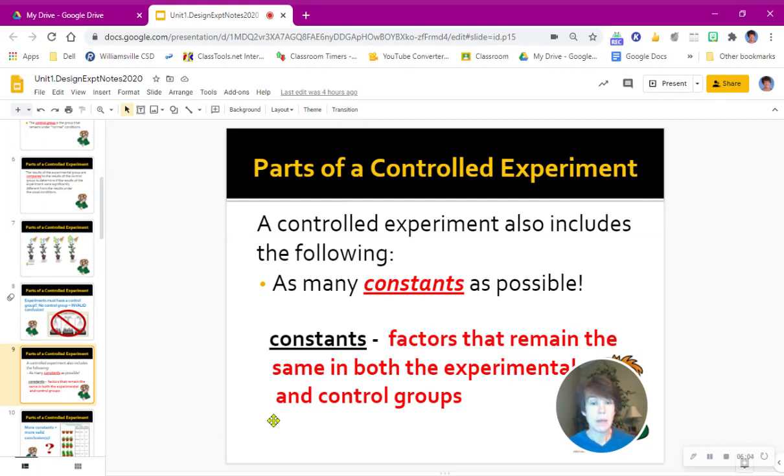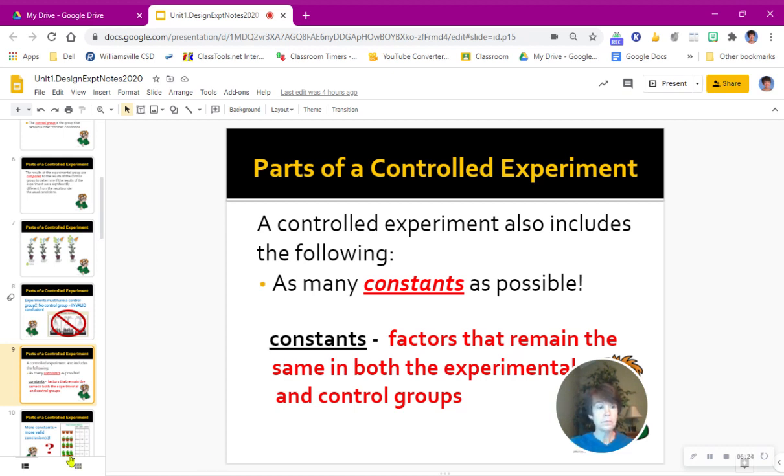So, in addition, controlled experiments should have as many constants as possible. These are the factors that remain the same in both the experimental and control groups. So we really only want to change one thing between my experimental and my control group, just one, and that's the independent variable.